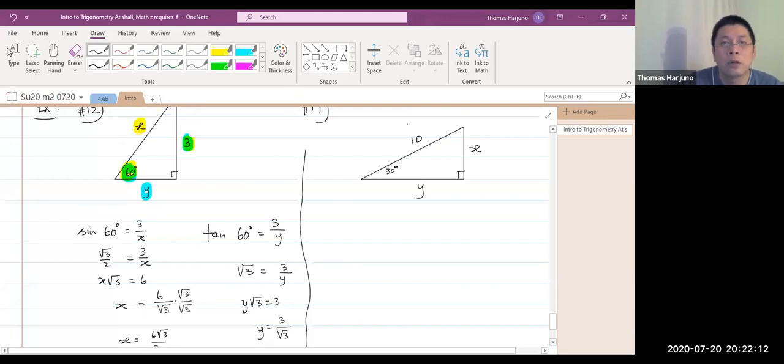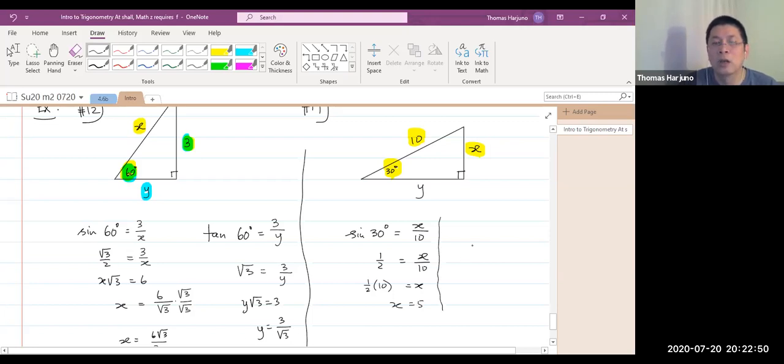Okay, for number 14, what relates 30 degrees with x and 10? What trig function? That's a sine, I believe. Sine 30 degrees equals x over 10. Now, sine 30 degrees is 1/2, equals x over 10. So 1/2 times 10 is 5. Now, how about the y?